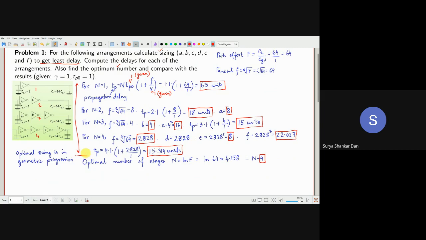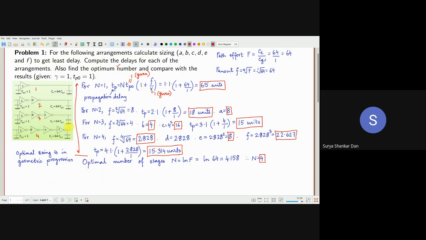Okay, then comes the last one. What is the last one suggesting? Find the optimal number of stages. This is another aspect. That means assuming that you are anyway getting the minimum delay, you are not bothered about the sizes anymore.